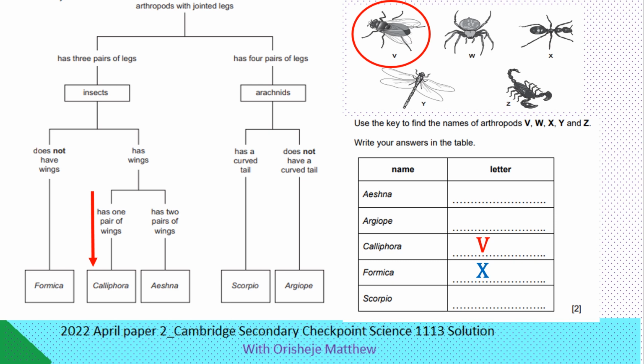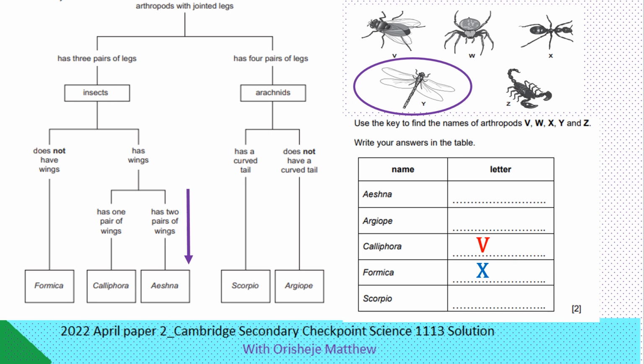That is Calliphora, V. Has wings and two pairs of wings. The Aeshna, W.